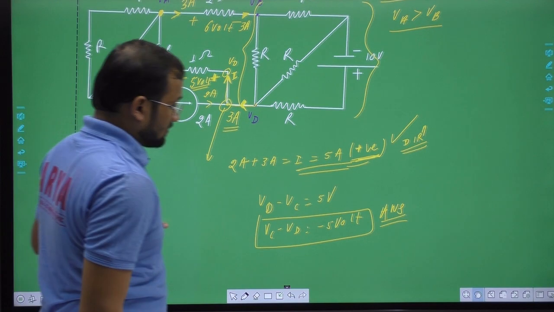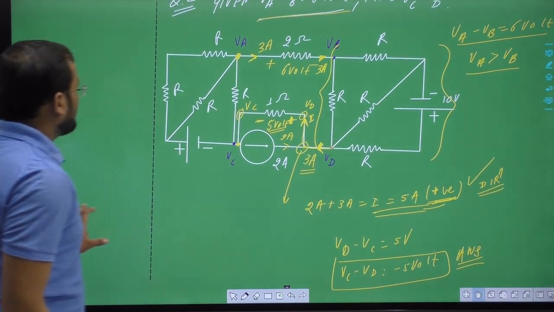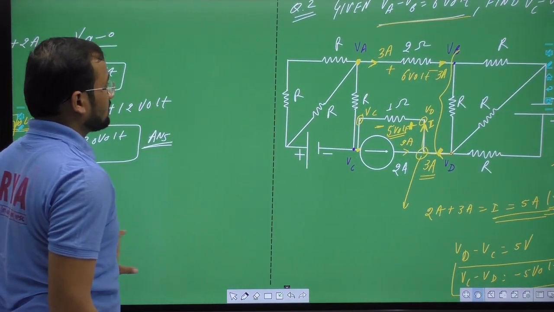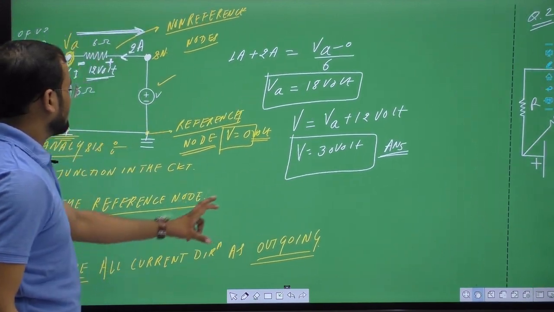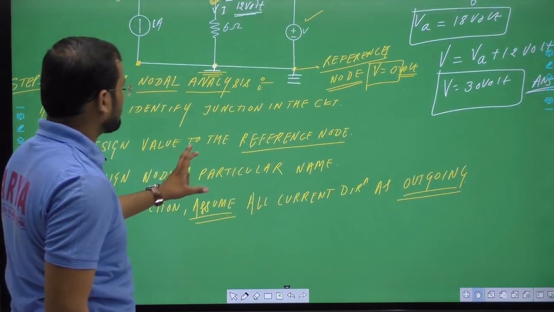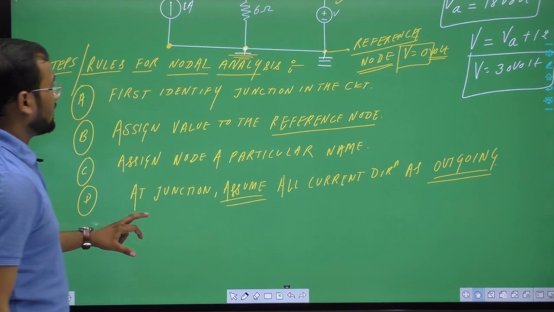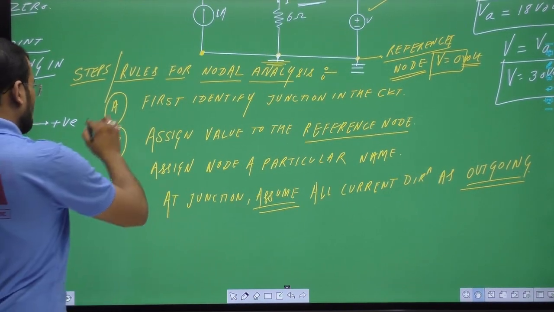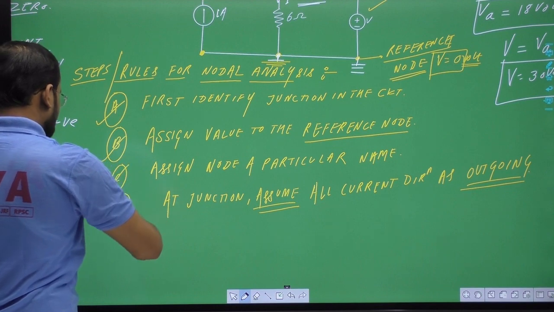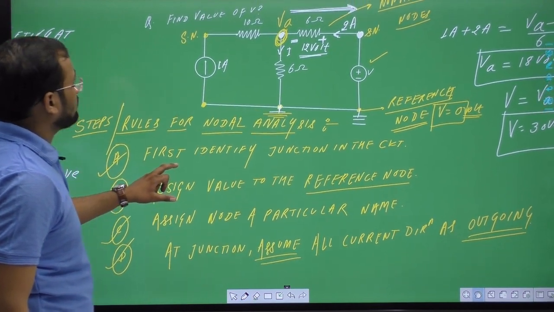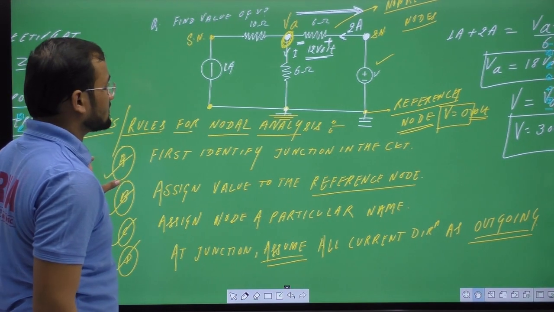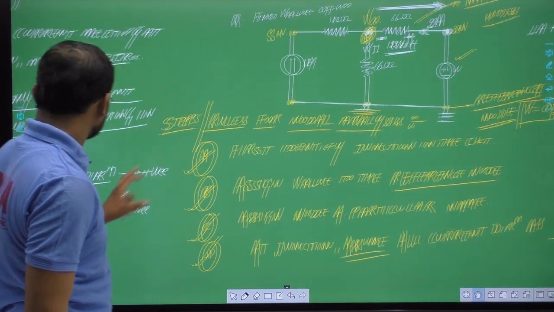So here I discussed two questions for nodal analysis and how to apply KCL in nodal analysis with the steps to follow. Please remember all 4 steps during nodal analysis, and you will obtain the right result.